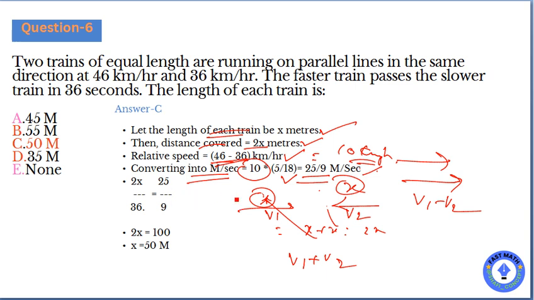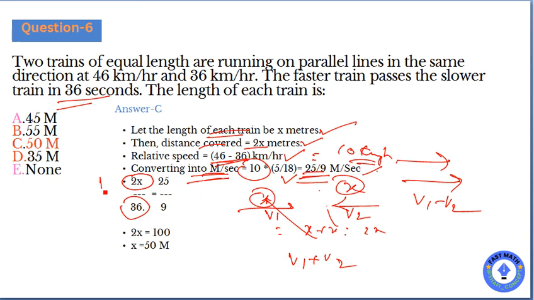Coming to the formula to arrive at the length of each train: this is the total length of both trains that has to be crossed, that is x plus x, we get 2x. How much time will it take? 36 seconds to cross each other. That means 2x by 36 is equivalent to the speed in meters per second, which we arrived at as 25 by 9.